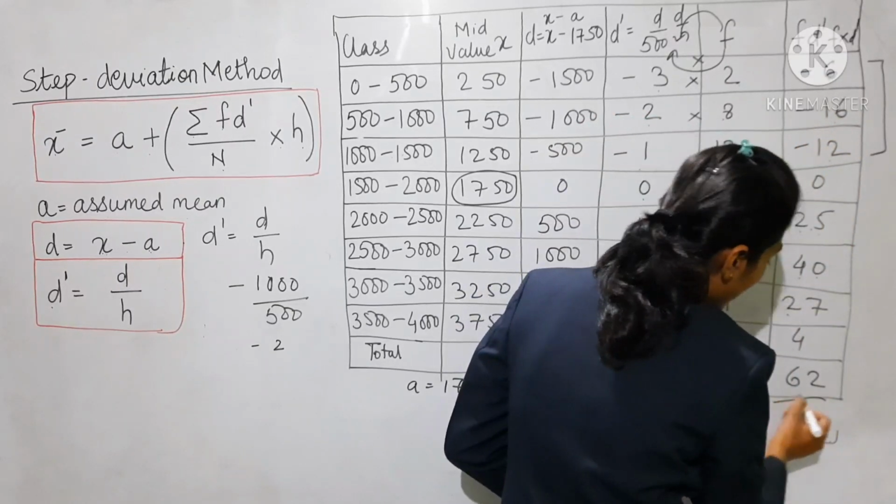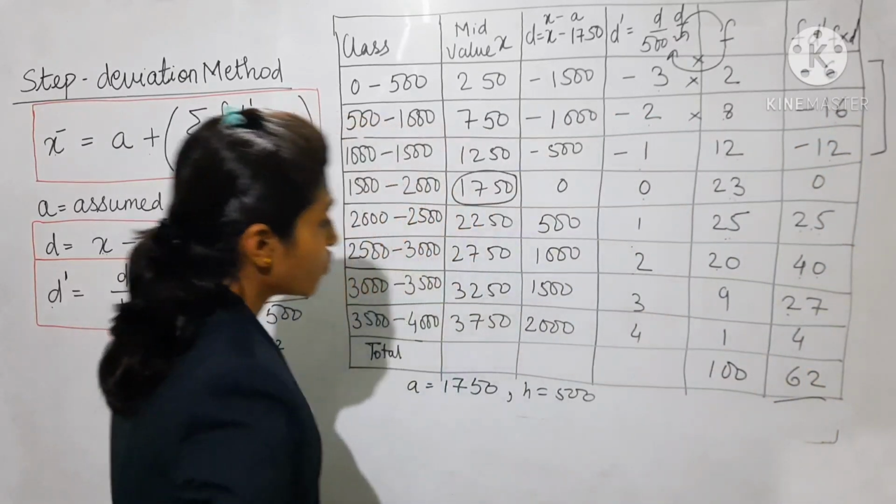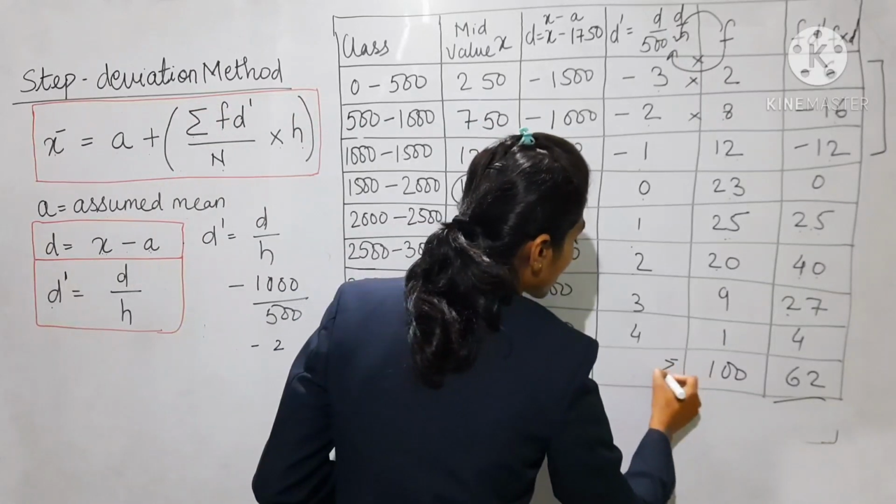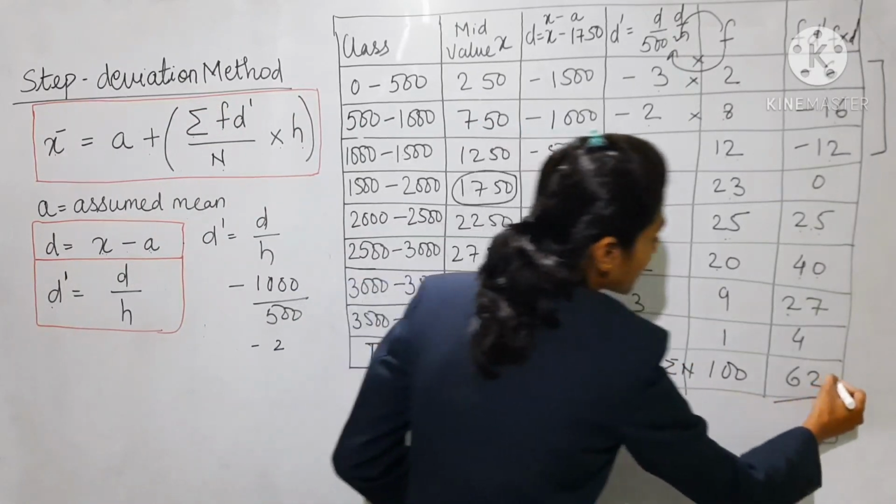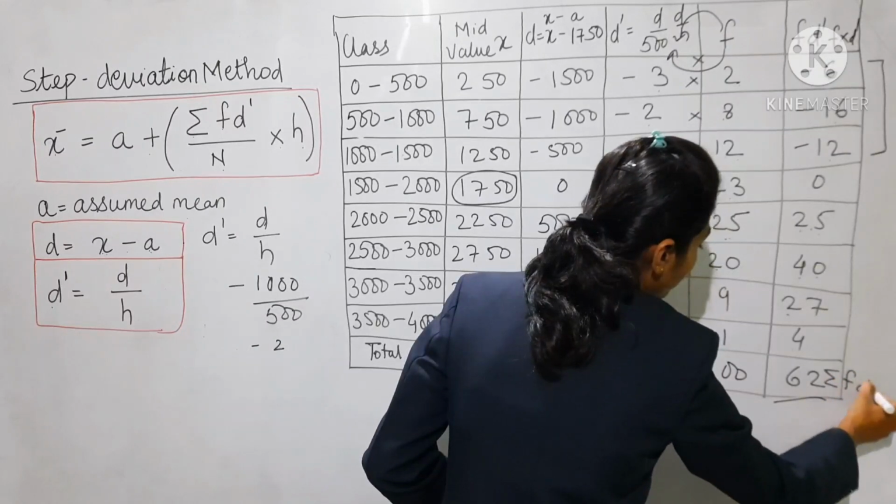So the answer I have got is 62. So 100 is the summation of N, and 62 is the summation of F D dash.